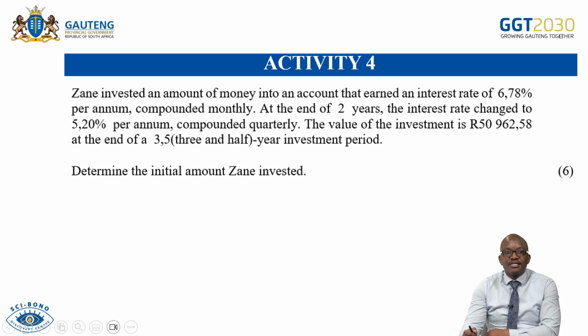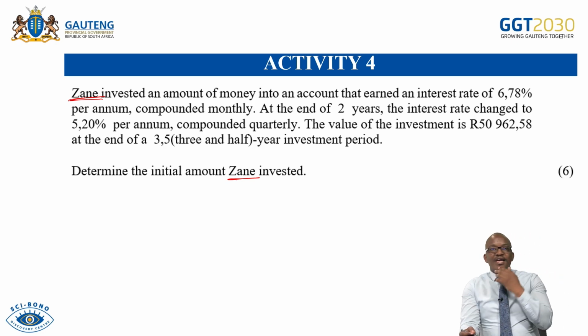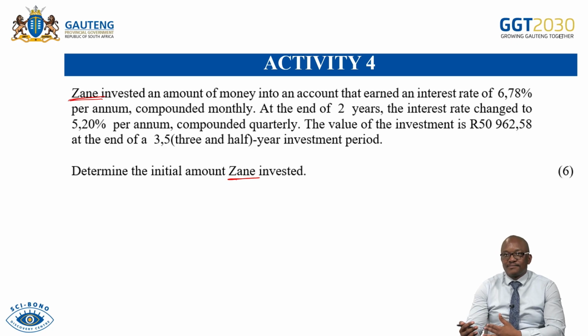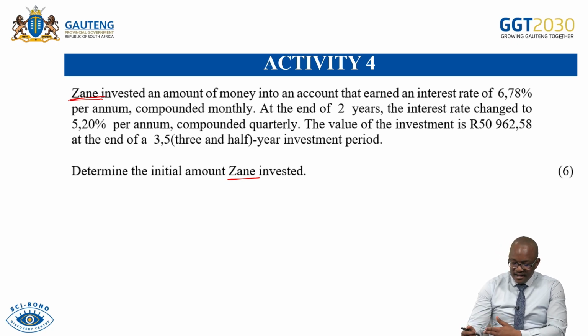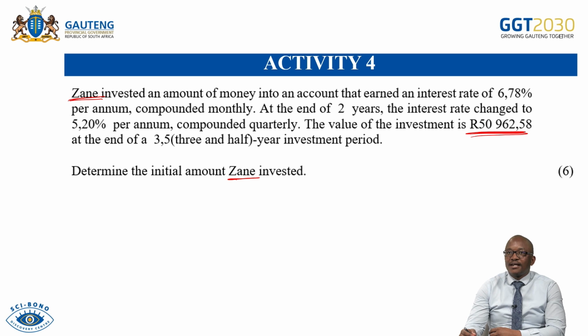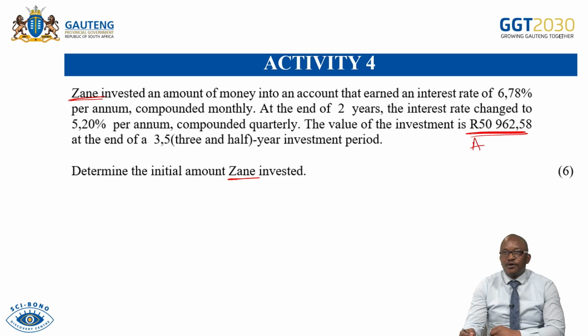So now the question says we must calculate the initial amount Zane invested. So now, in this question, we don't know how much Zane invested, correct? And then they are saying the value of the investment is 50,962. So it means the accumulated amount of Zane was 50,962 rand.